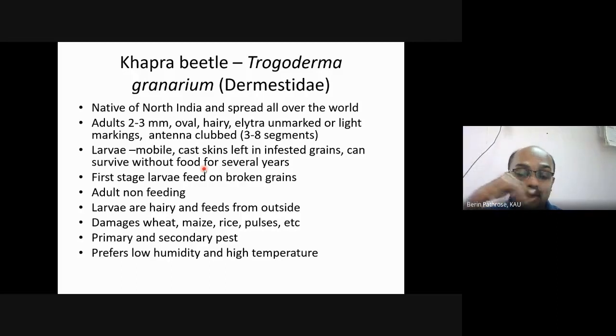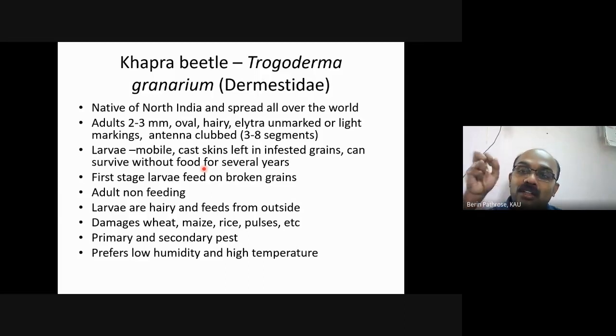Do you know what is an exuviae? You might have studied in UG. Molting remains, yes, good. That is the molted skin. Molted skin is called the exuviae.